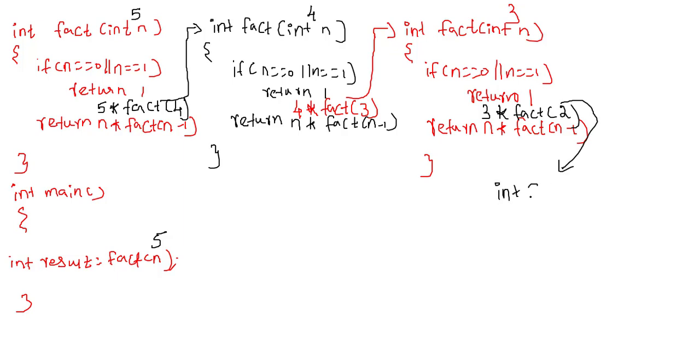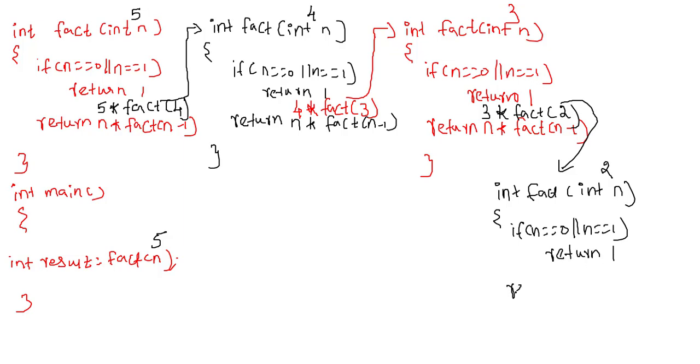Int fact(int n). So in this case the n value is 2. So again I have to check the condition. If n equal to 0 or n equal to 1, the condition is not true. I'll go here, return n into fact of n minus 1.